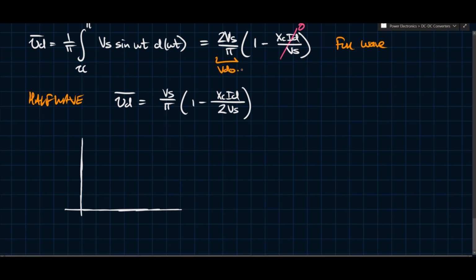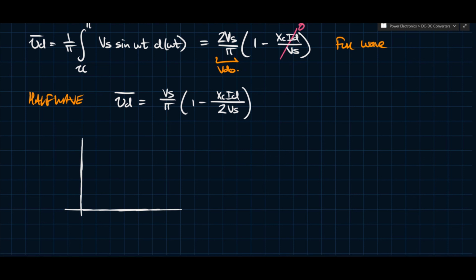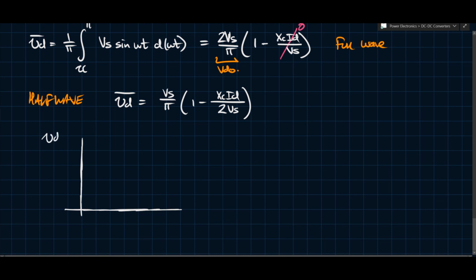And what we're going to do is plot VD average over VD0. So here it's a maximum, 1. And as XcId over Vs increases, you have 1 here, and you're going to have 2 here.